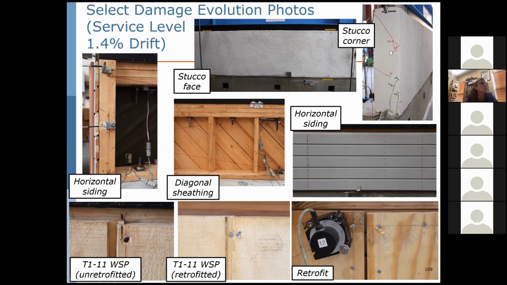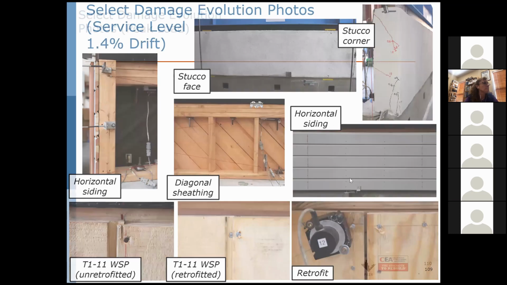Stucco corners, observing some splitting cracks and some tensile cracks around the continuous end elements of the specimens. Generally, little to no damage on the stucco face as it moves more or less rigidly with the specimen.